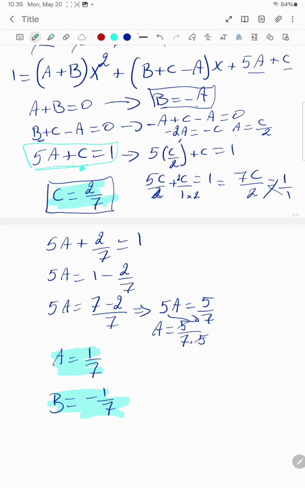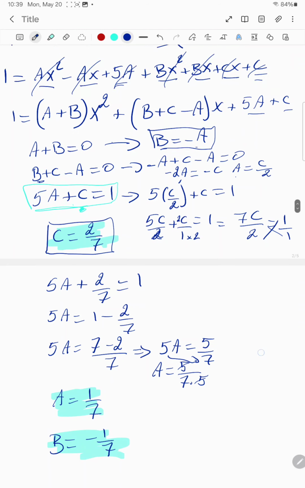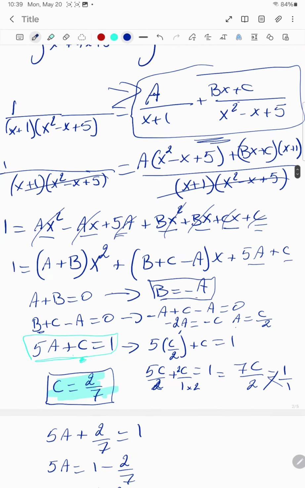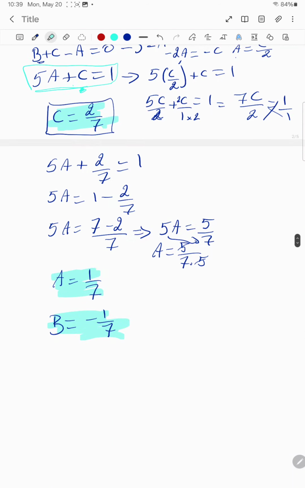So now I go back to this equation here. And my integral becomes A divided by x plus 1.